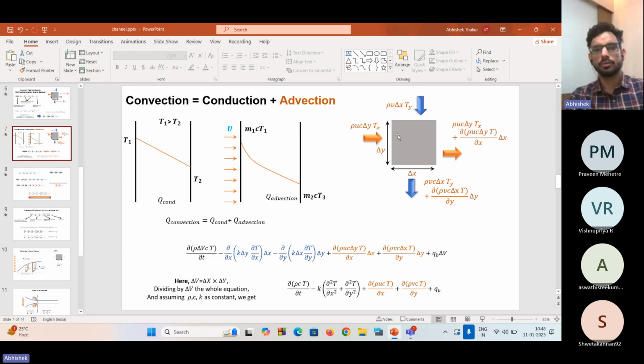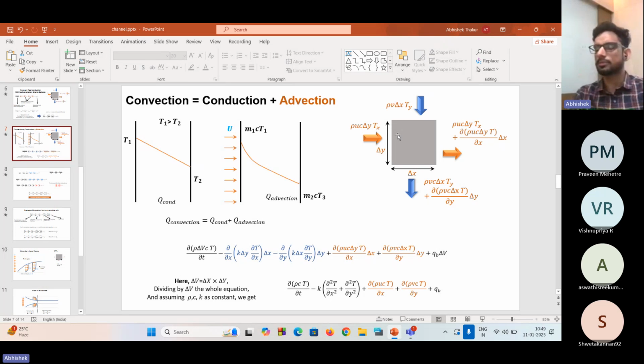Most of the time conduction is never linear in real life, but we assume it is linear. Conduction is heat transfer without any bulk movement, like a bucket of fluid that is not moving. In engineering applications it may change, but most of the time it is linear.